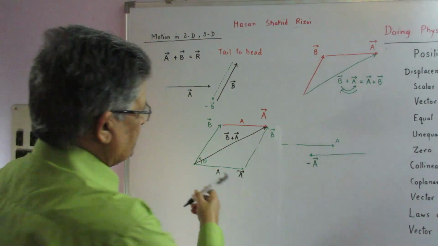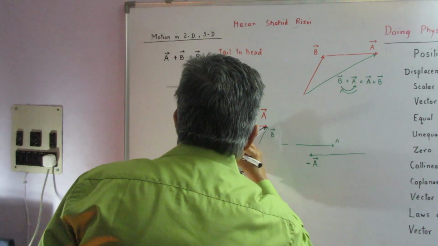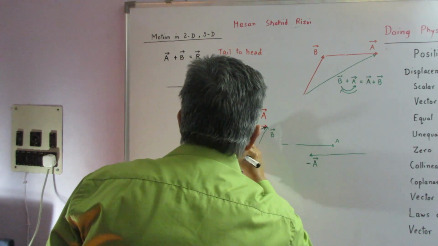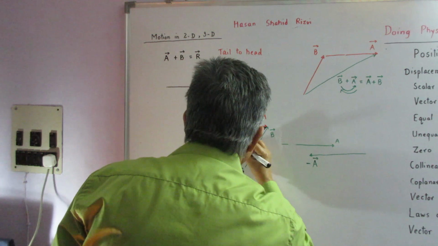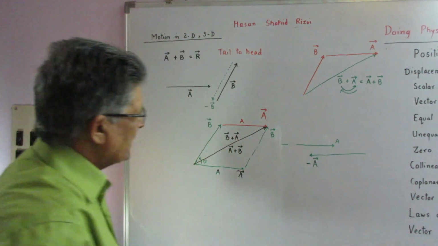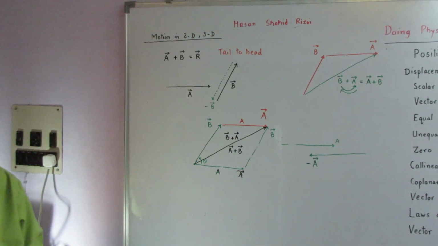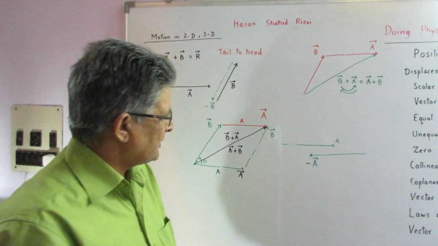I can say that this is vector A plus vector B, and this is called the parallelogram law of vector addition.